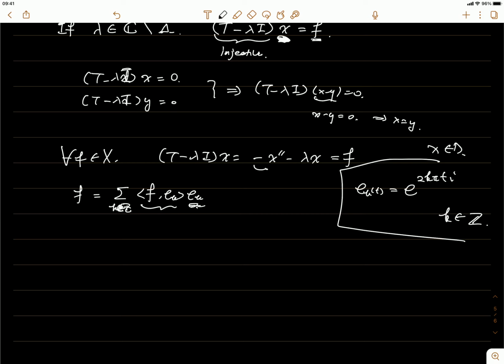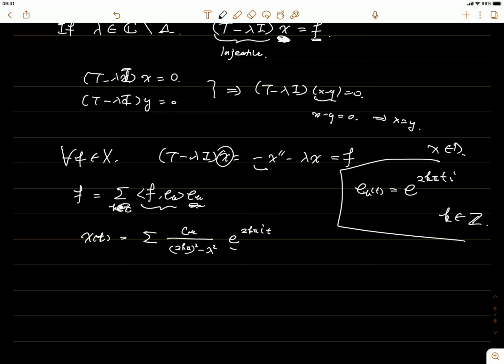And by doing that, you can see that the xt, which is the x here, actually has a unique solution, and that solution is the sum of ck over (2k pi squared minus lambda squared) times e to the 2k pi it.